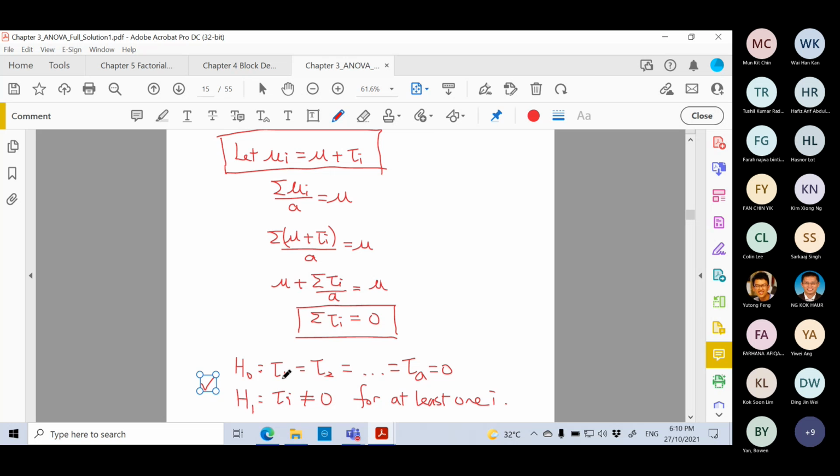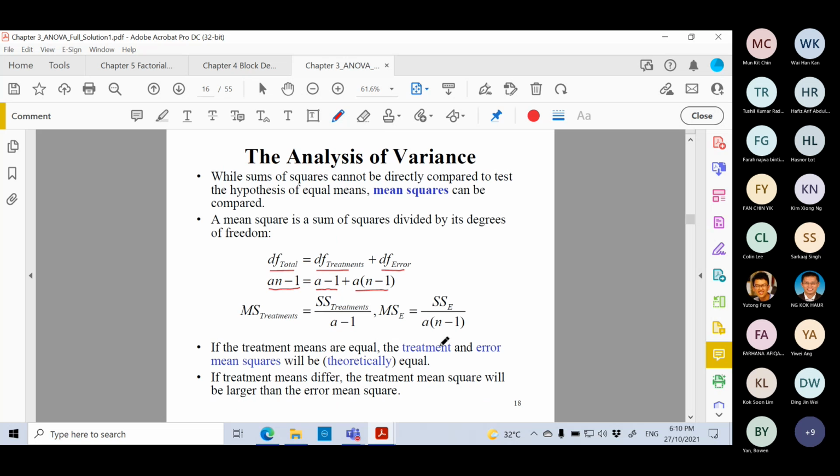If you write in tau i, they must equal 0, because this part is 0, so every mean i will have a common mean. H1 is at least one of them is not equal to 0. You do not know which one, but if at least one of them is not equal to 0, then you reject the null hypothesis. This one is added here.